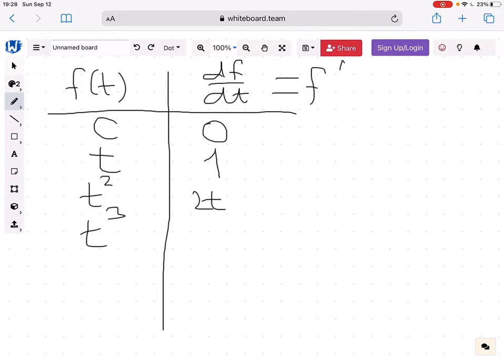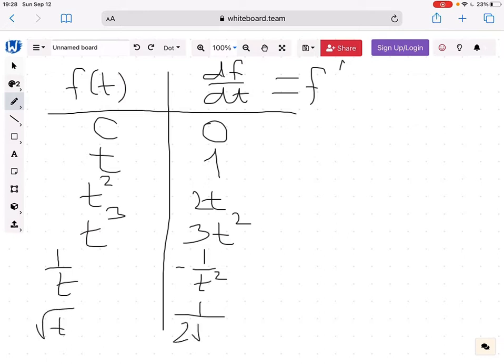We said it's 3t squared. We looked at 1 over t. We said it's minus 1 over t squared. And we looked at square root of t, and we got 1 over 2 square root of t. Now, is there something in common with all these formulas?